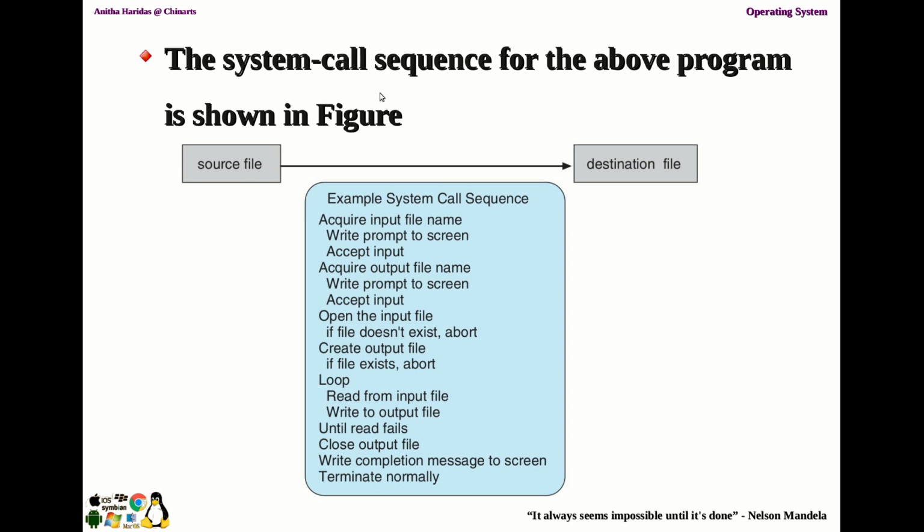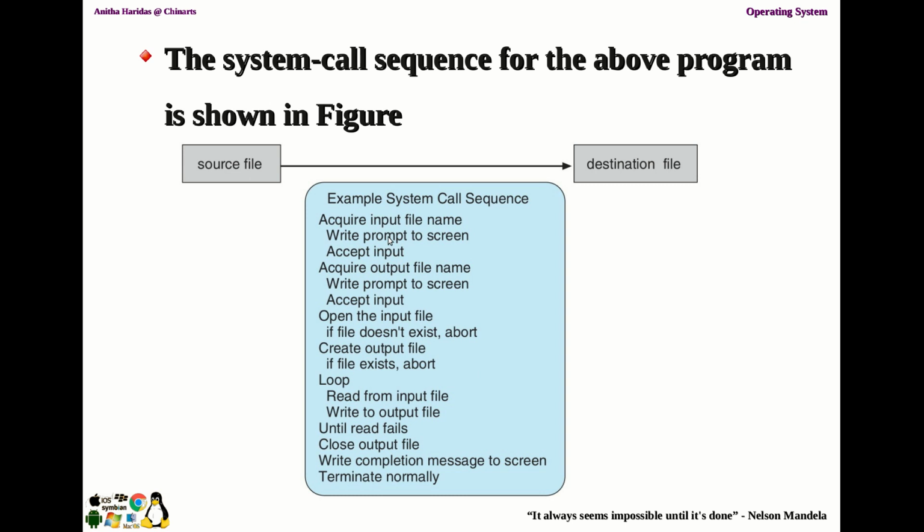The system call sequence for the above program is shown in this particular figure. You have the source file, you have the destination file. You want to copy the content of the source file into the destination file. So what you have to do? You have to acquire the input file name. Some prompt is to be written onto the screen, then get the input from the user.